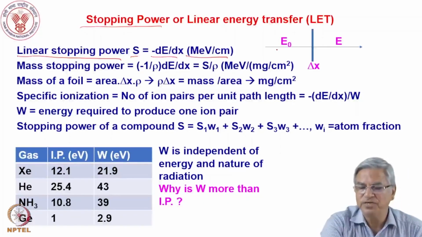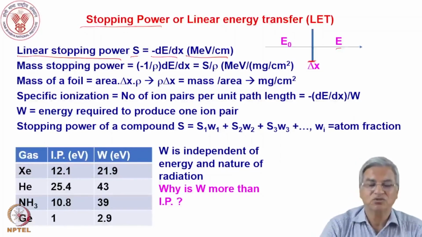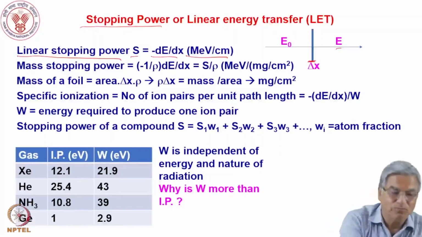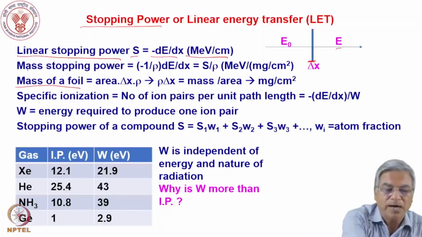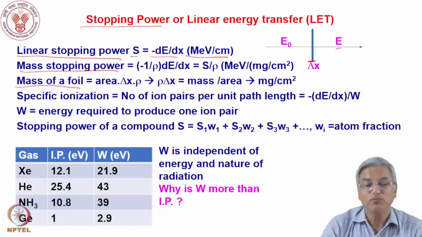So you have the initial energy E0 passing through a small thickness of absorber material, delta X, with outgoing energy E. So E0 minus E, which we can call delta E, upon delta X is called the stopping power. In this subject, we are more comfortable with the mass stopping power, because the stopping power depends upon the density.